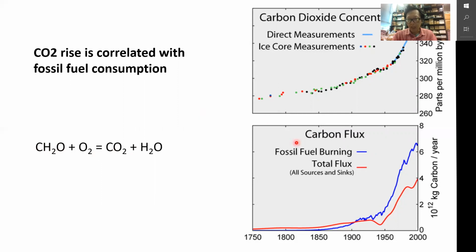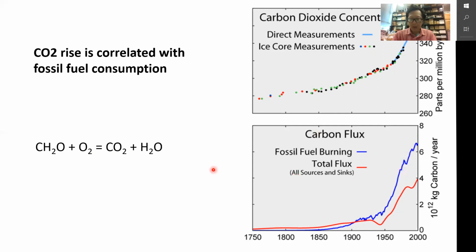And you can actually compare the total flux of CO2 in the natural environment to our fossil fuel burning right here. And you can see it is pretty large there.